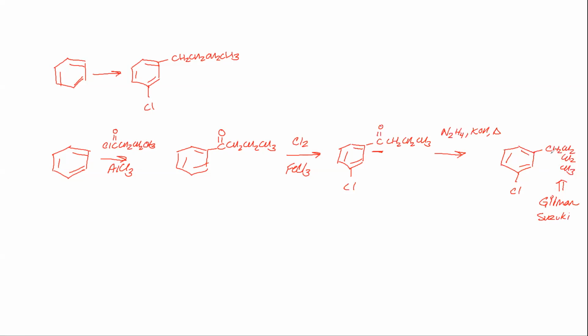But the problem is once you put the alkyl group, any alkyl group, it's going to direct the chlorine ortho and para. So this is probably the only method we know to put an alkyl group on the ring, but have it be meta directed in the process of putting it on.